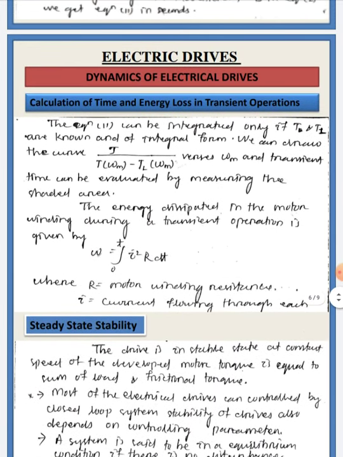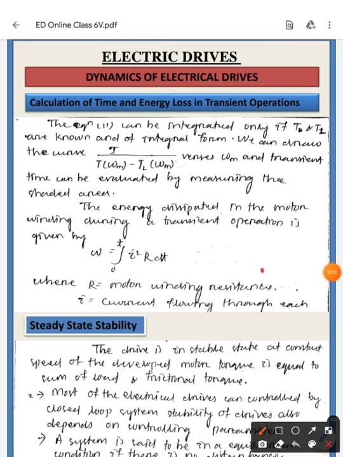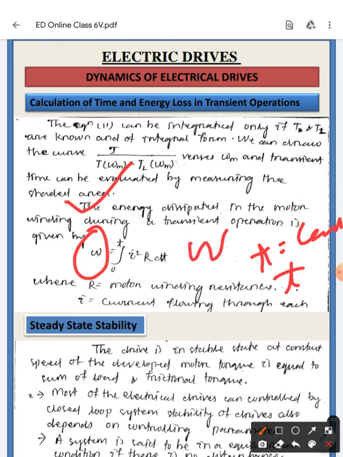So by using values of motor torque, load torque, initial speed and final speed, the value of time can be calculated. Now after getting the time, if time is given, then the energy, sorry, it is not the angular speed, it is the energy in watts.